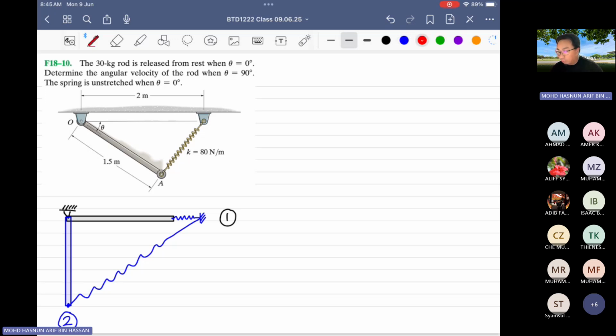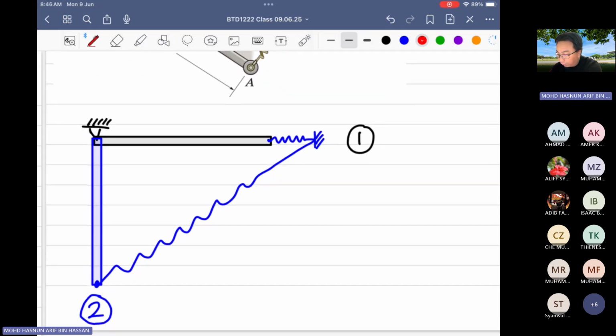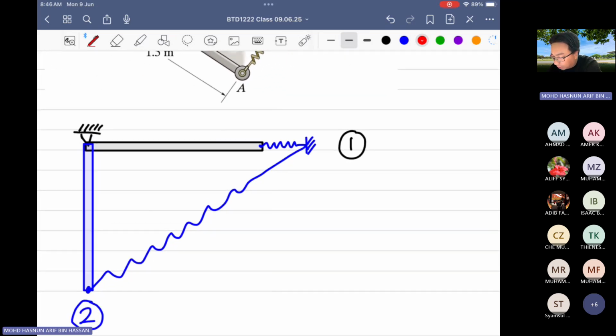The next step is to draw the free body diagram. In the first position, the center of gravity is somewhere in the middle of the rod, so there must be weight mg pointing down. In the second position, we also have mg.